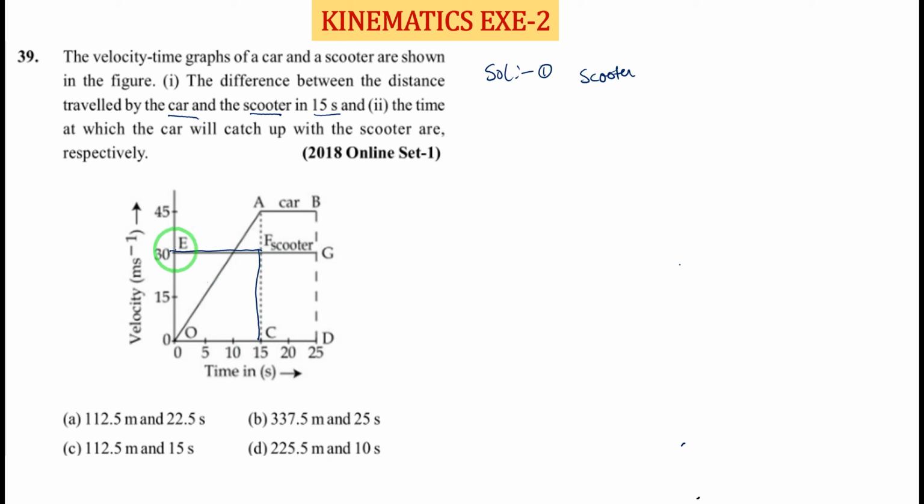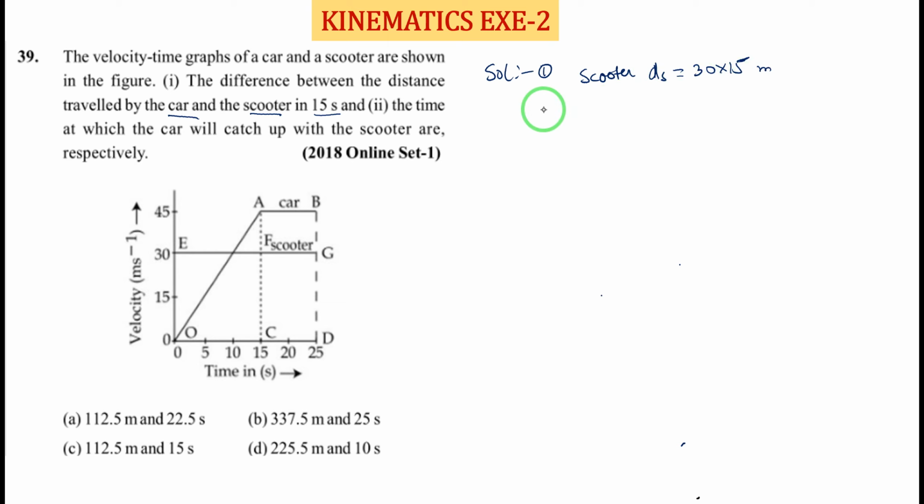This is the rectangle which has a height of 30 meter per second and time of 15 second, right? So distance covered by scooter is 30 into 15. Let it be for now, we will calculate later.